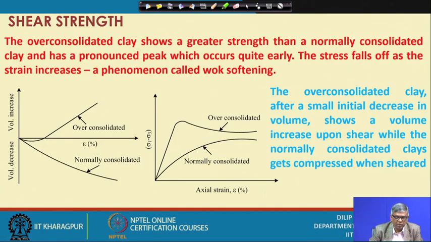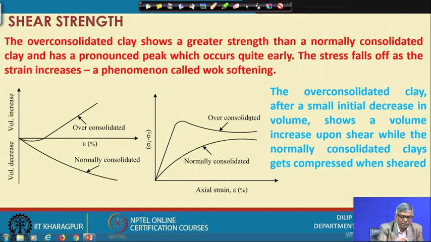Now, as I mentioned at the beginning, normally consolidated and over consolidated clays. When you test a normally consolidated soil, axial strain versus stress shows a continuous increase of stress with the increase of strain, reaching a peak, and then it may stay constant or decrease a little. Whereas for over consolidated clay, the stress increases sharply with strain, reaches a peak value, and then goes down.